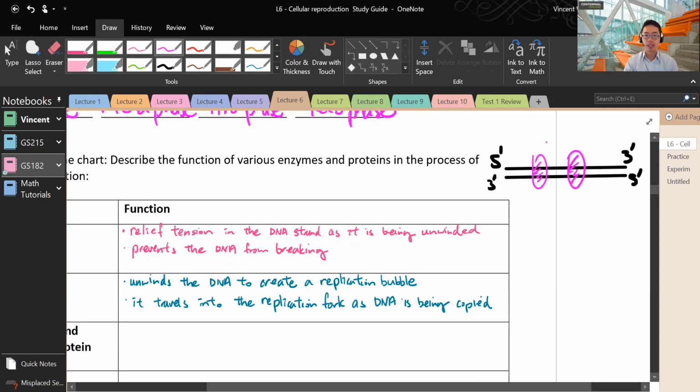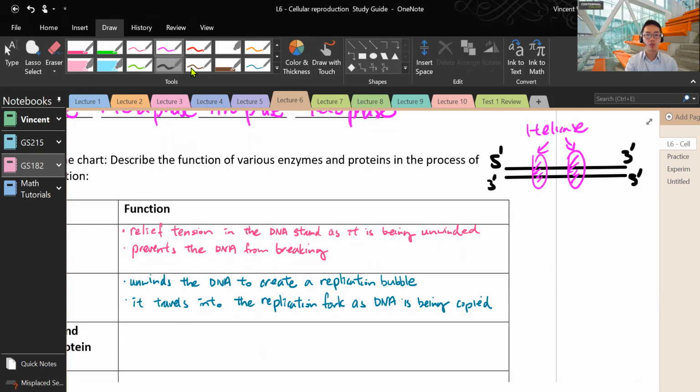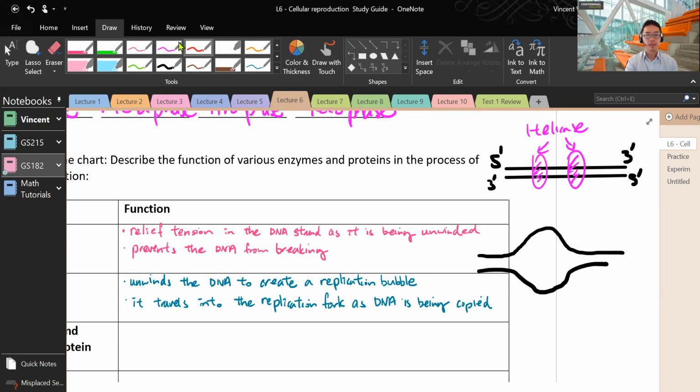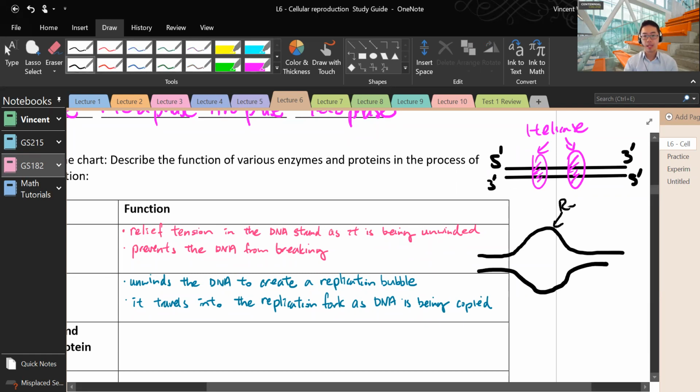Okay, let's put another helicase here. You don't really have to draw this. You can just watch. And it's going to create a replication bubble. Okay. So this here is a replication bubble.